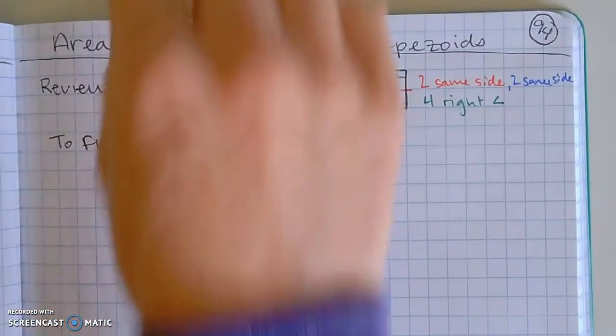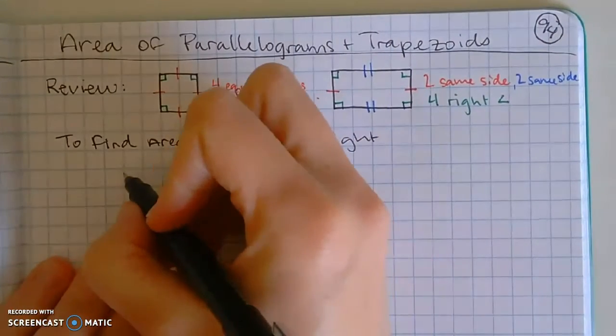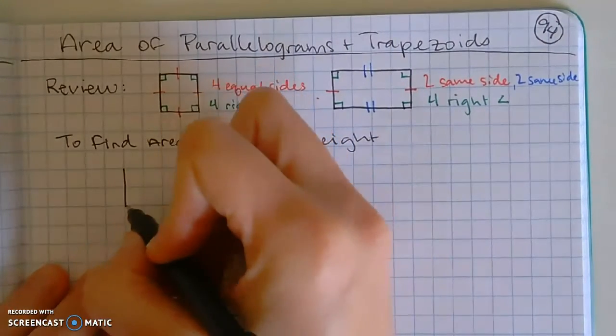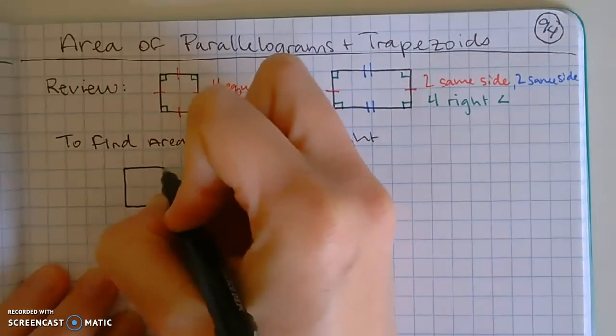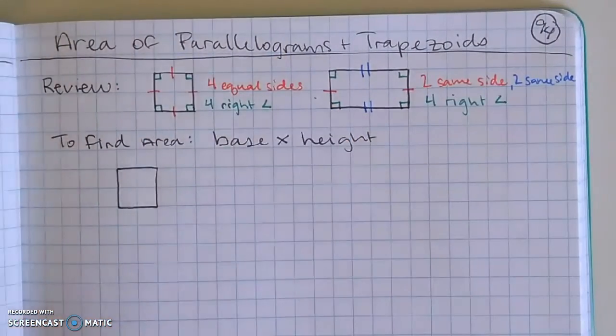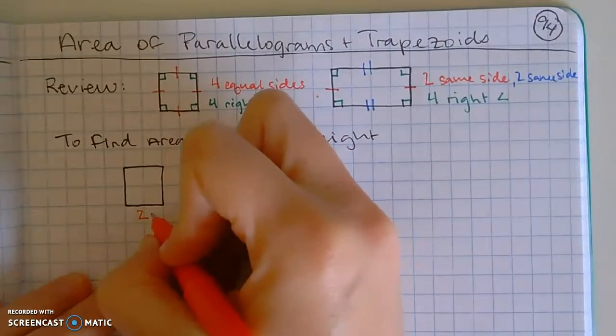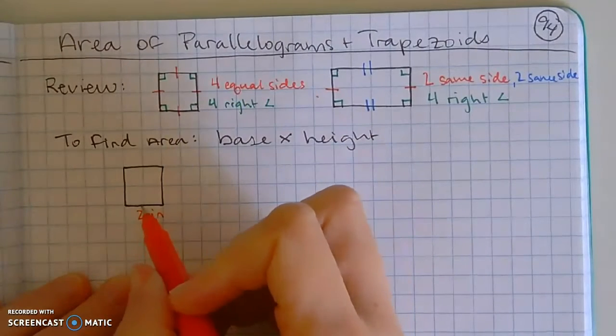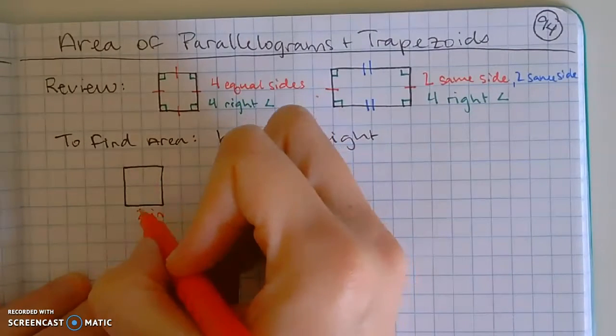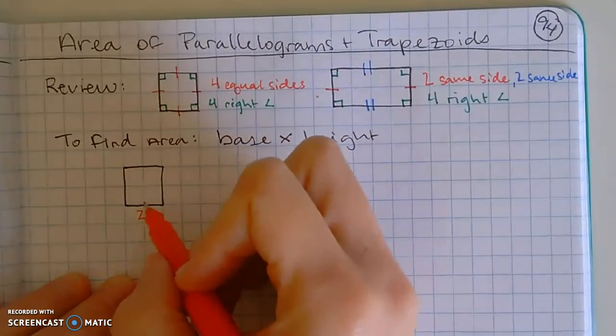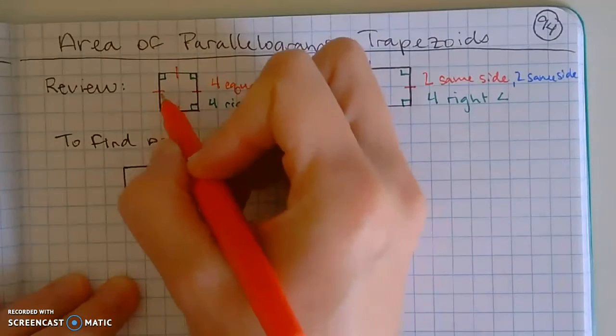Let's do 2 quick examples. If I do the ones from above, let's say I know that this is 2 inches. Then I know that this is also 2 inches because, like I said up here, the length of this side is the same as this side.